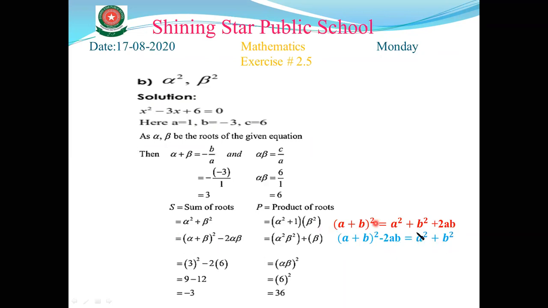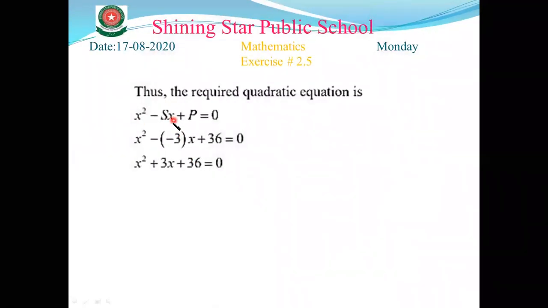A is alpha, B is beta. So according to this formula, alpha square plus beta square is equal to alpha plus beta whole square minus 2 alpha beta. So put the values: alpha plus beta is 3, alpha beta is 6, 3 square is 9, minus 12, minus 3. Here is alpha beta whole square, 36. So the sum is minus 3, and the product is 36, which gives your required quadratic equation.